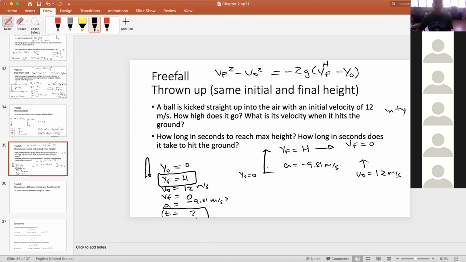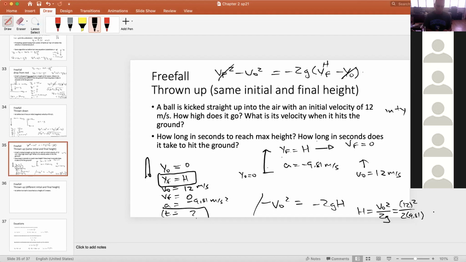So our y initial was 0. So what we get is v final is 0. So we get negative v initial squared is equal to negative 2g times y final, which I'm going to call h. Negative signs cancel. I want to solve this for h. So I get v initial squared over 2g. And my v initial squared, I said, was 12 squared over 2 times 9.81.